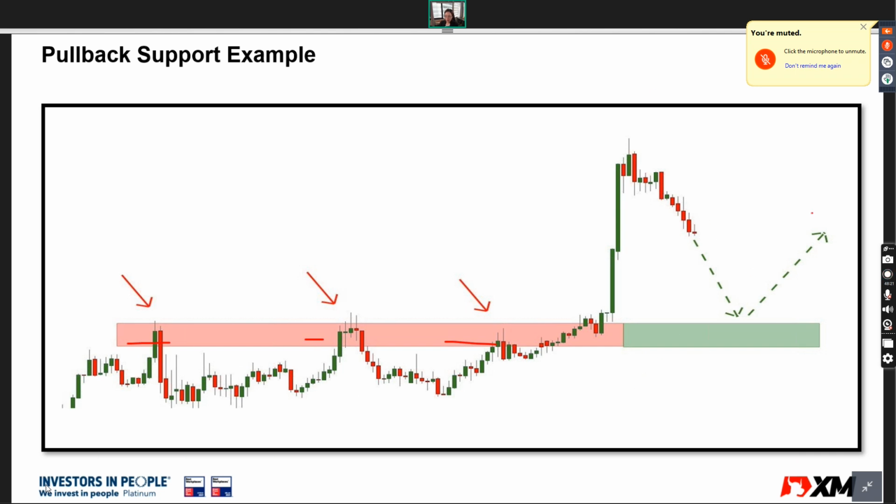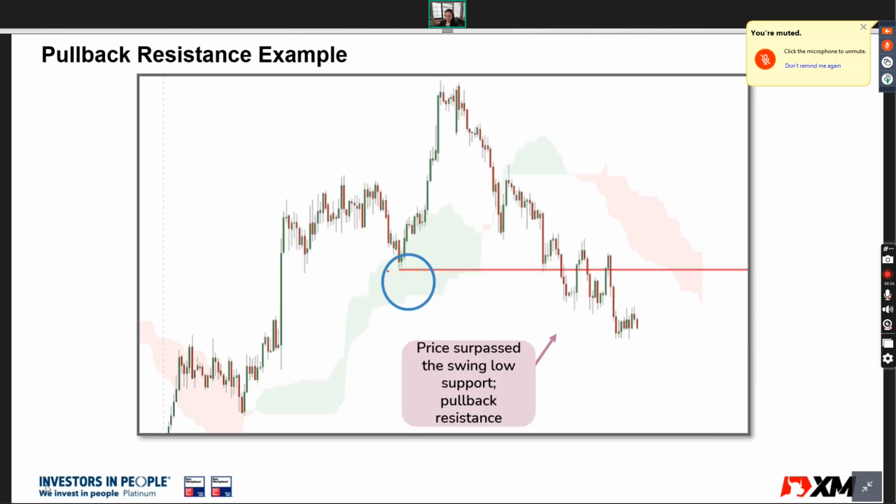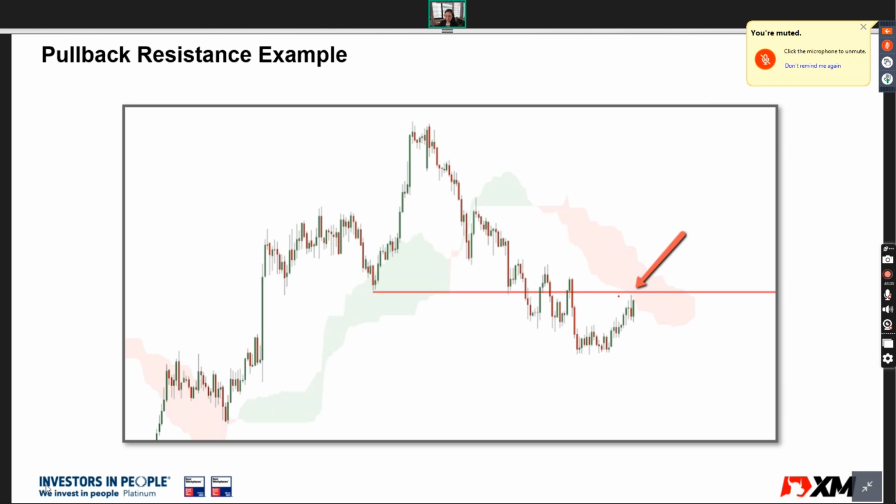Once price breaks above, we call it pullback support level. Once it pulls back, it becomes overlap. This is a pullback resistance level: support, support, support, pullback resistance level. You can see this as well, it becomes your pullback resistance.